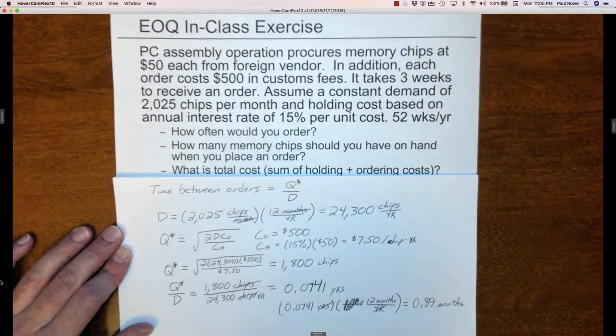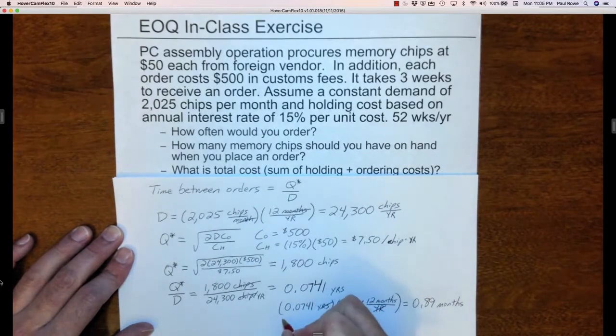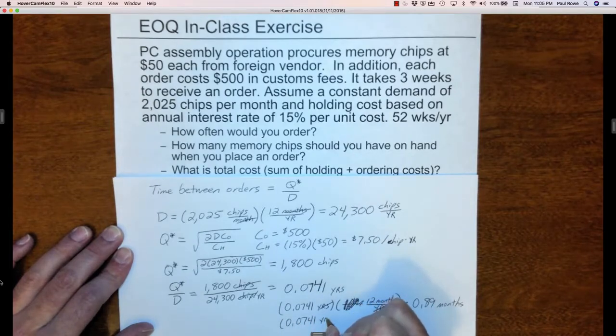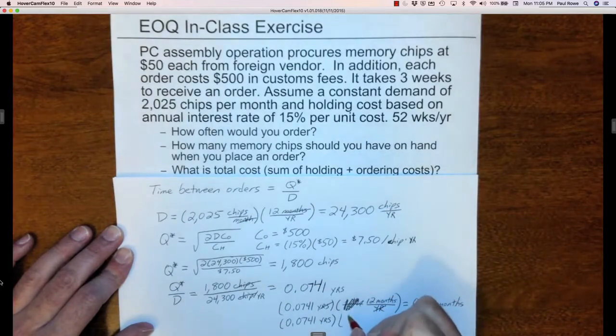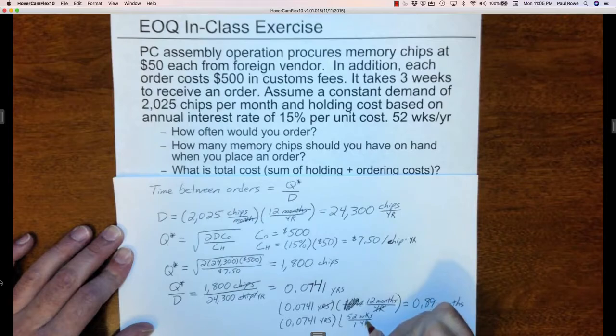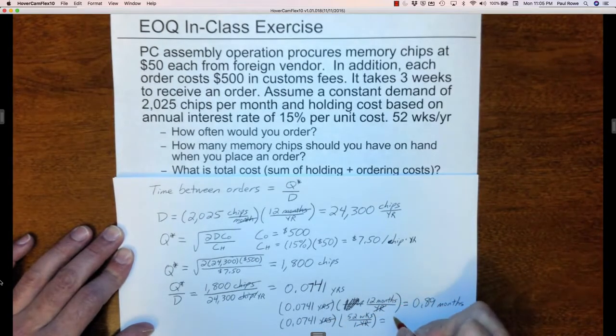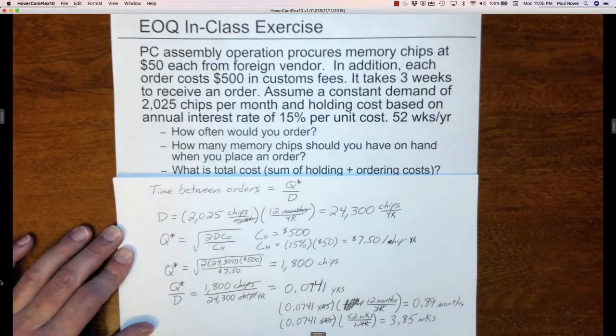So we know that they'll be placing an order just under every month, a lot more intuitive than this. We could also, if we wanted to, take a look at one more option, since we are given 52 weeks per year. So we can go 52 weeks for one every year, cancels out, and that would mean every 3.85 weeks we would be placing an order.